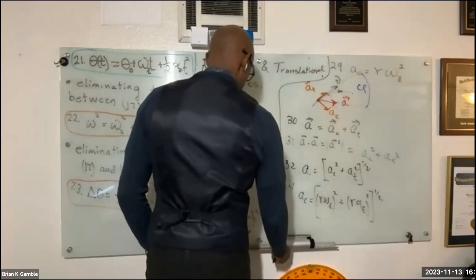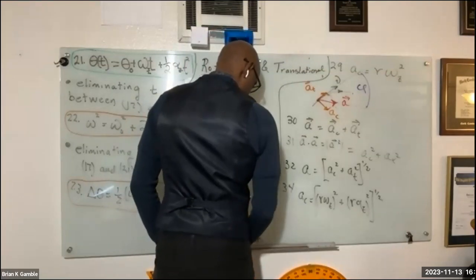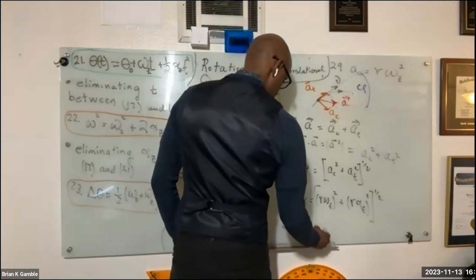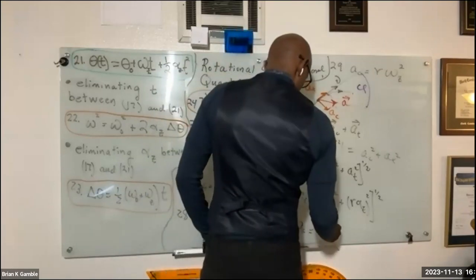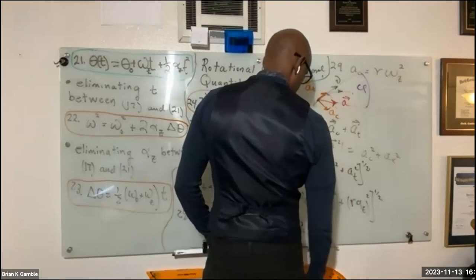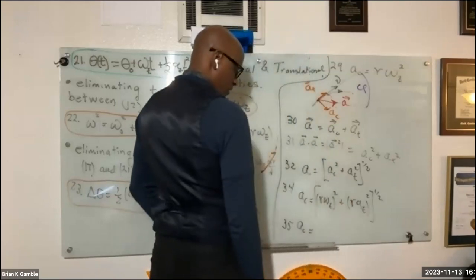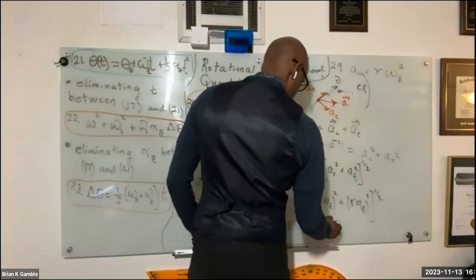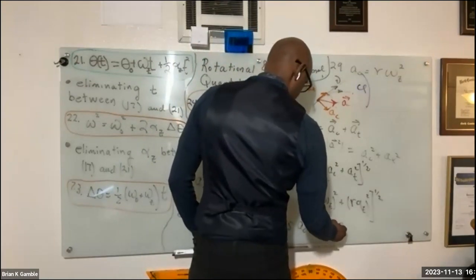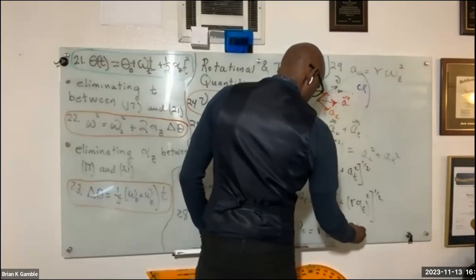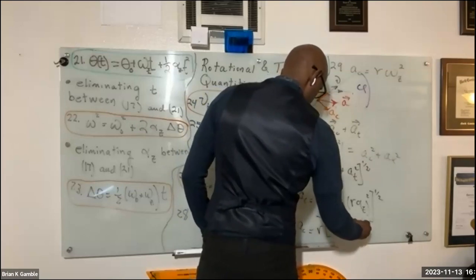And then simplifying even further, I can have an R squared and omega squared. The R squared can come out. So R squared under the square root will be an R on the outside. And then in brackets, I'm going to have omega_Z squared plus alpha_Z squared to the 1/2.